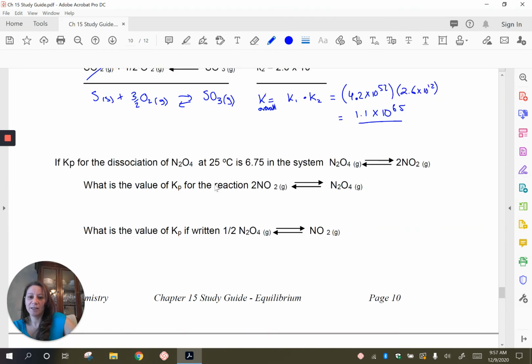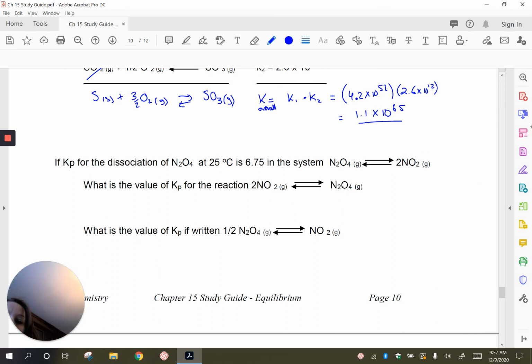Okay, so let's look at this here. Kp for the dissociation of N2O4 at 25 Celsius is 6.75. So K for this reaction is 6.75. I want to know what the Kp value is for this reaction. So how does this reaction relate to this reaction? Well, it's reverse, right? It's flipped.